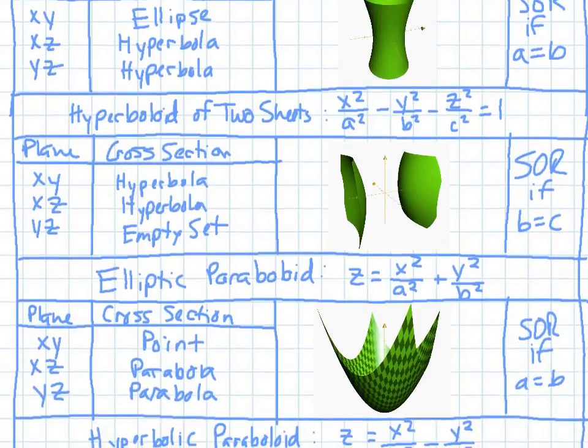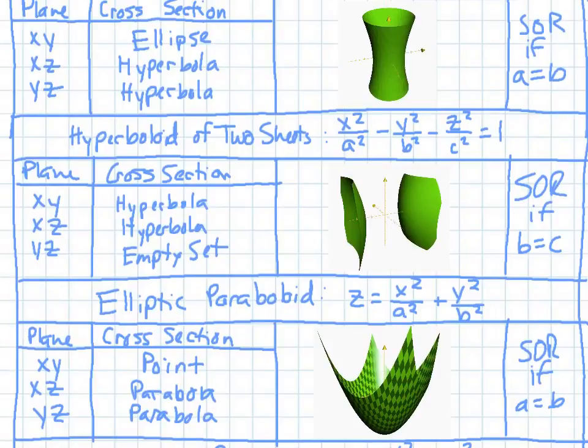A hyperboloid of two sheets. Now I know my picture looks kind of funny. Keep in context that my 3D grapher can only do it in a certain window, and so that's why it looks cut off. It looks kind of weird.